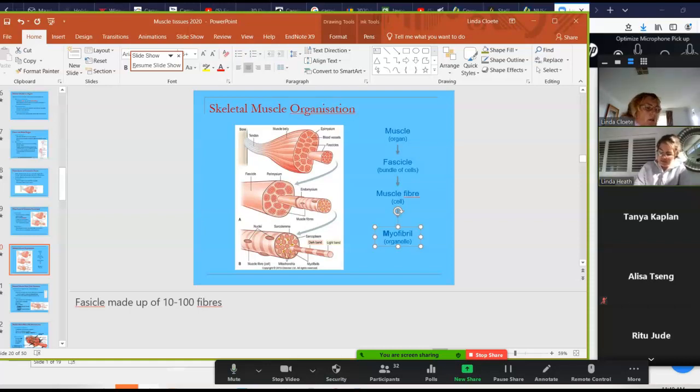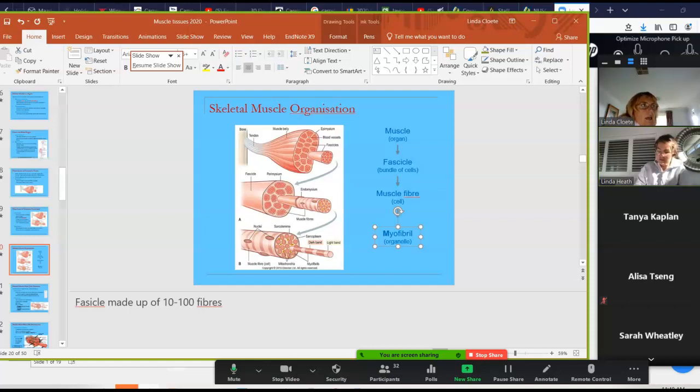Okay. What about the nuclei? There's multiple nuclei compared to an animal cell, which only has one. Yeah, good, Sarah. Lots of nuclei. And where do those nuclei tend to be situated? The edges. Yeah, in muscle, particularly in skeletal muscle, it's right on the edges.